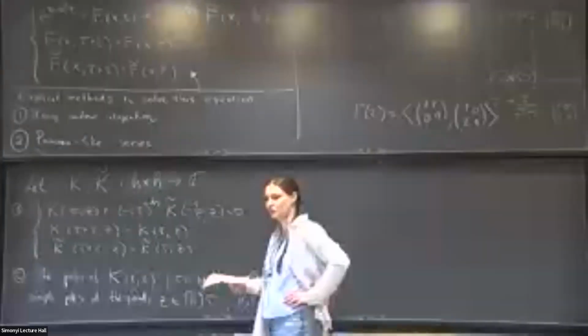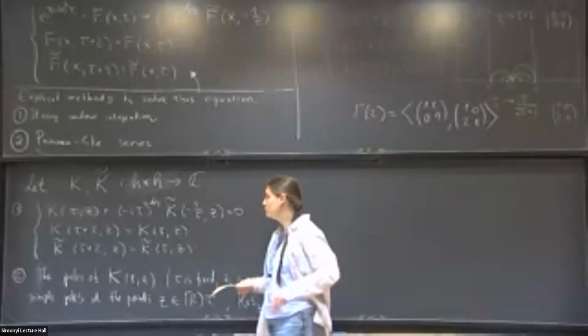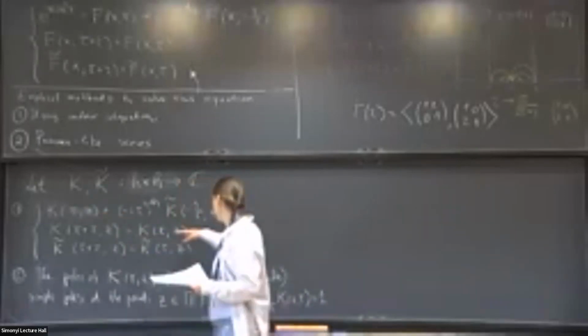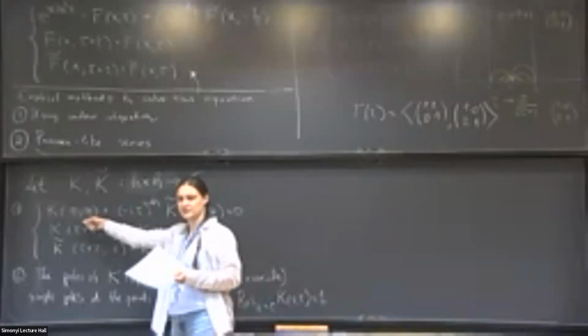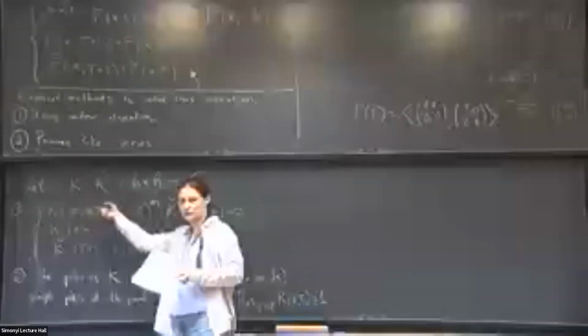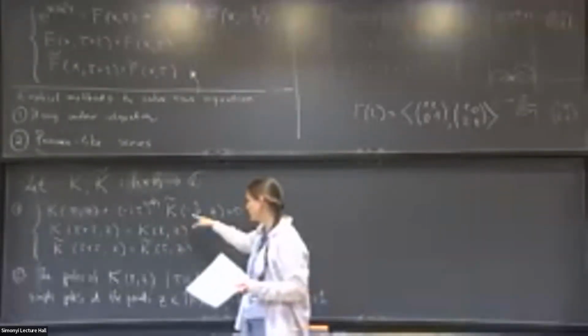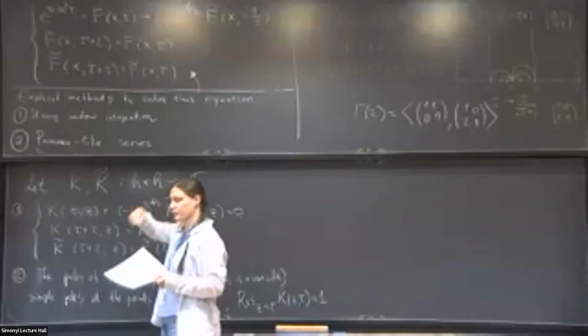Here there are two functions, but this equation means that k tilde is essentially minus k, the slash operator for the inversion applied to k.